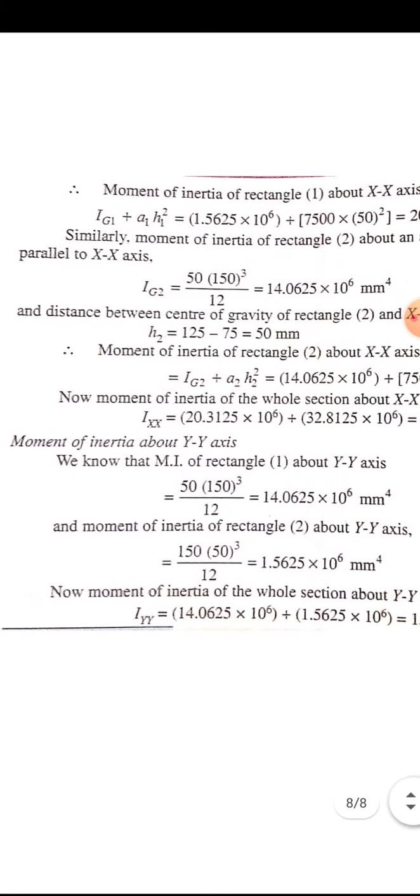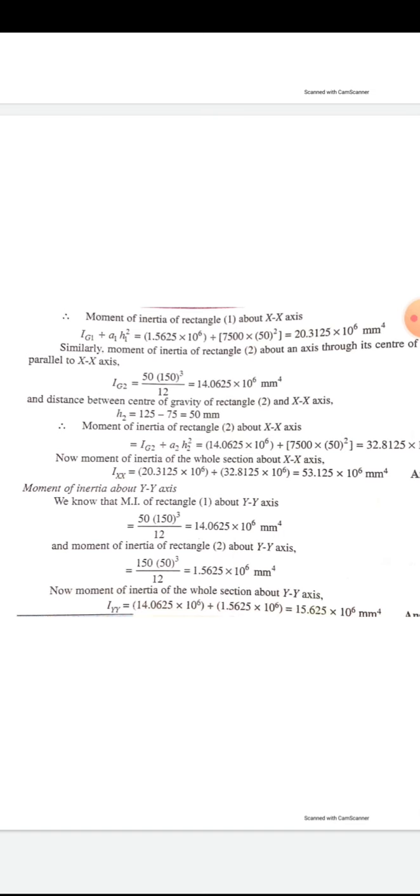Next we find the moment of inertia about y axis. We know that the MI of rectangular 1 about y axis will be reversed, just revise: 50 into 150³/12. Moment of inertia of rectangular 2: 150 into 50³/12. Okay, now the moment of inertia of the whole section about y axis is the sum of rectangular 1 and rectangular 2, 15.625 into 10⁶ mm to the power 4.